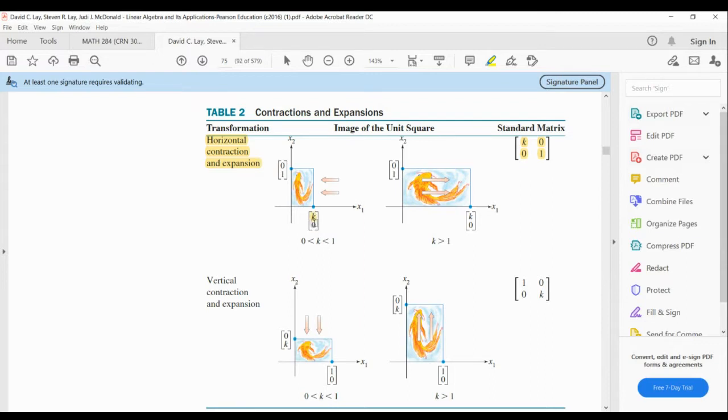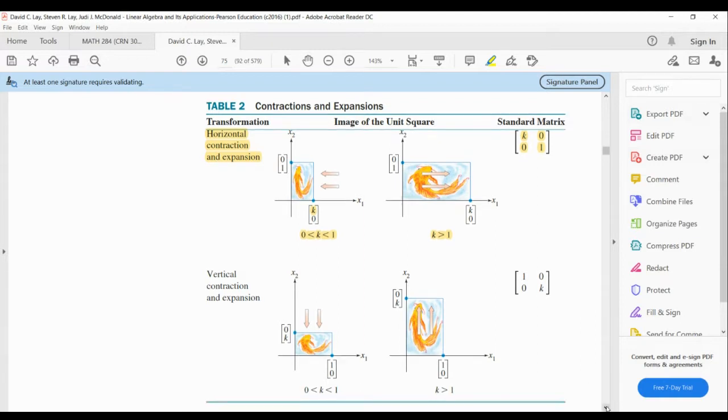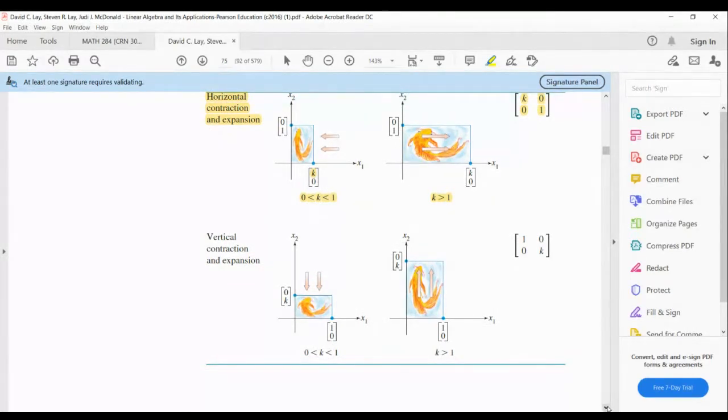And depending on whether K is between 0 and 1, or whether K is greater than 1, determines if you're expanding or contracting. This would be programmed into a computer if you were doing animation. There's matrix multiplication behind animation. And animation's very good today because computers are doing thousands and thousands of these transformation matrices, these standard matrices of the transformation. Well, you'll see what we mean later on, and then you can do vertical contractions and expansions. And here's the standard matrix.